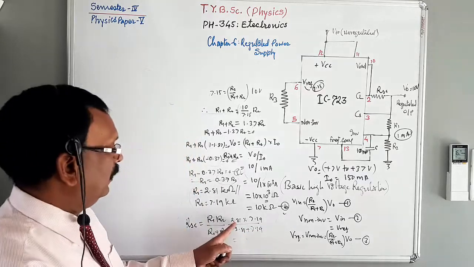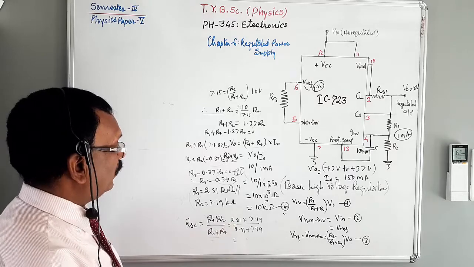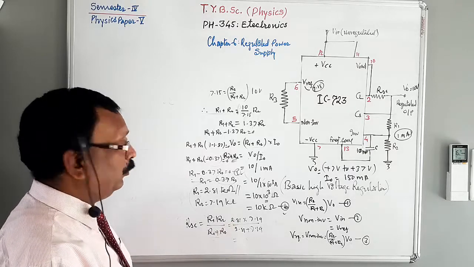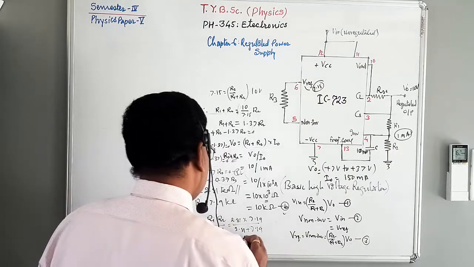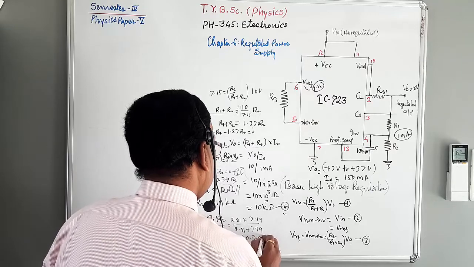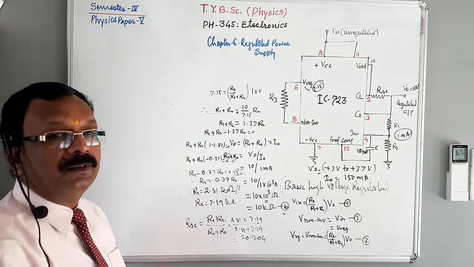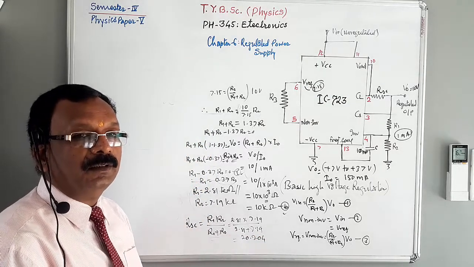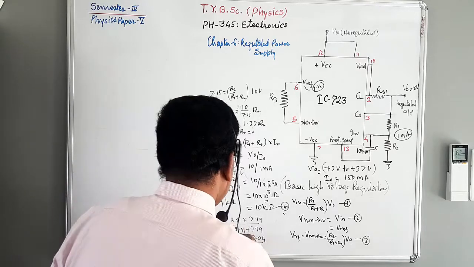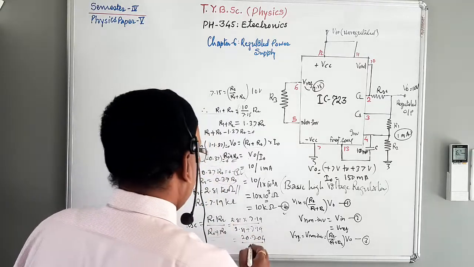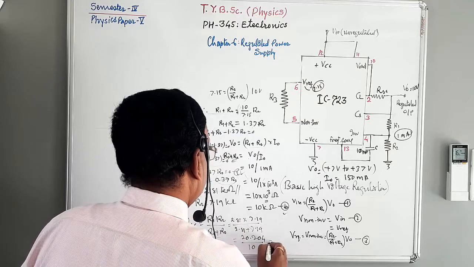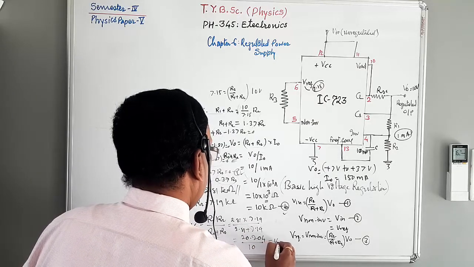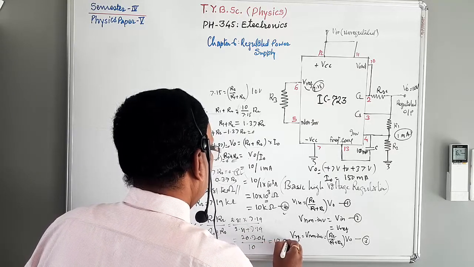Make this calculation. The product of 2.81 and 7.19 is nothing but 20.2, and the addition of 2.81 plus 7.19 is 10.